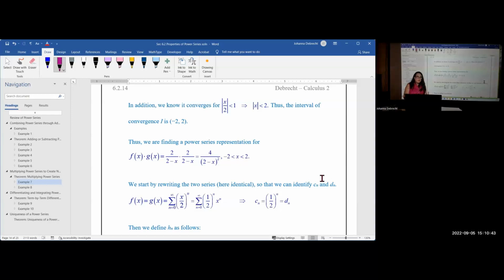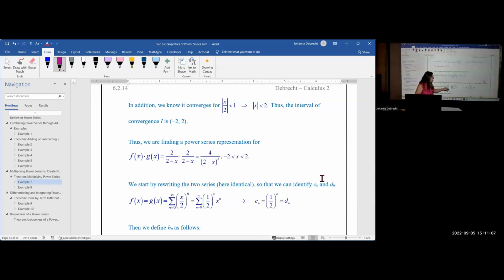So we know what the power series is going to converge to. What we want to do here is start with the original two power series forms of these functions. They're identical, so that we can identify what C sub n and D sub n are, so we can try to get an H sub n. All right, so we're starting with f and g, both given by this power series. Remember that we're trying to get it to match the power series form.